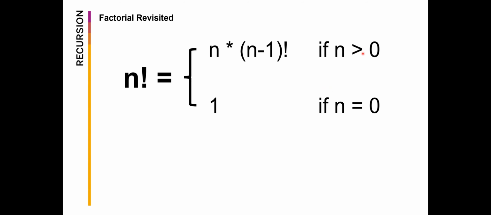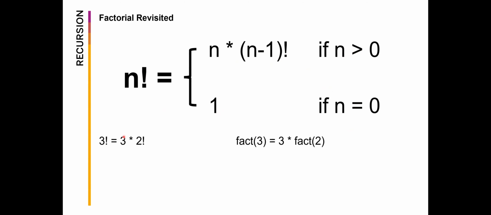If n is greater than 0, use this formula. If n is equal to 0, n factorial will be equal to 1. Clear?